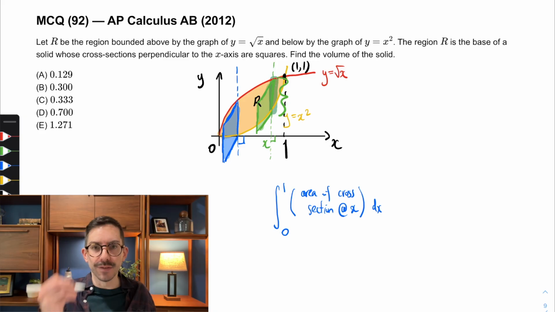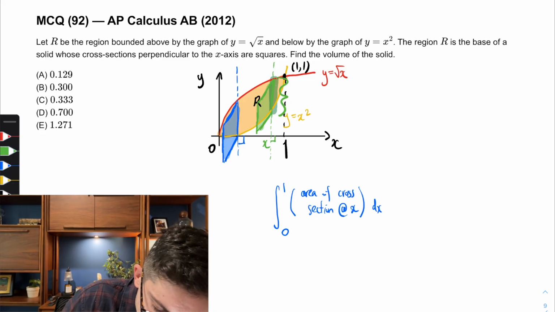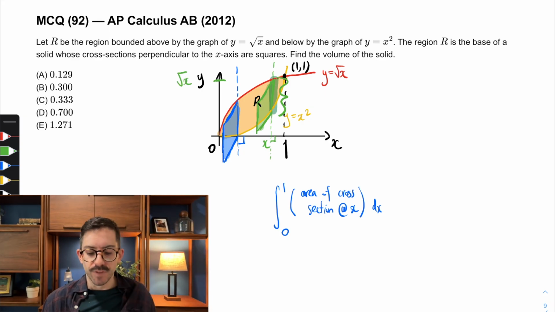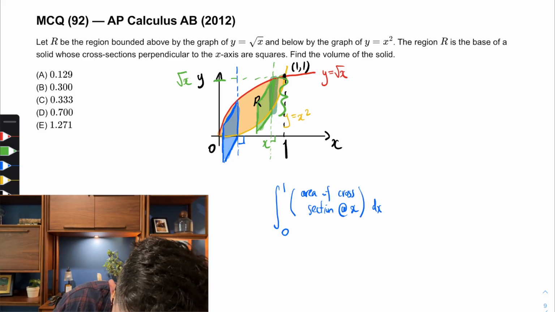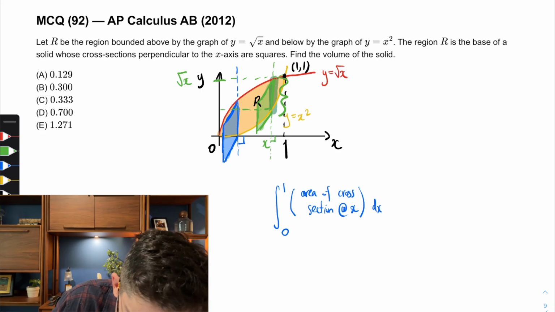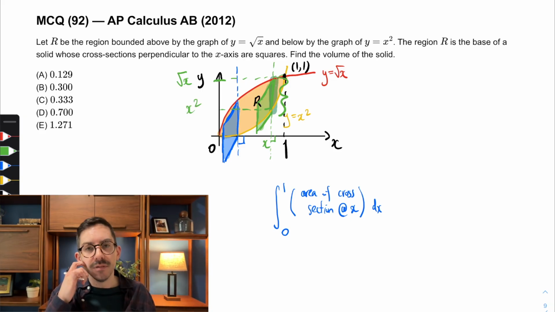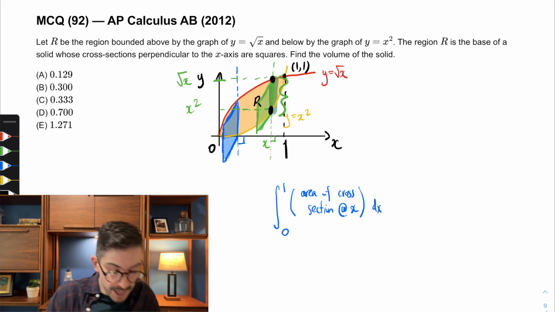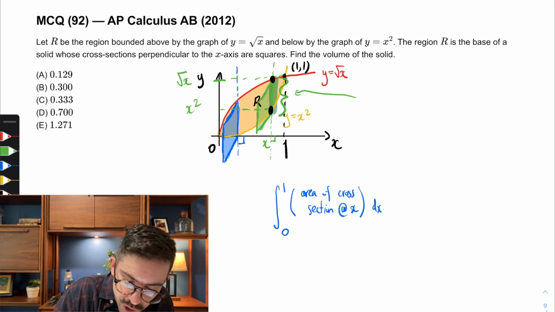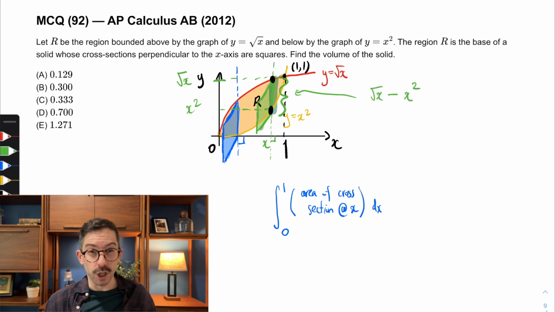Well, I can take it as a difference, because this y-coordinate lies on the graph y equals root x. So that is that y-coordinate. This y-coordinate is x squared, because it lies on the curve y equals x squared. So that difference there, that side length of my square, is going to be root x subtract x squared. Just taking a difference to figure out the length of that segment.